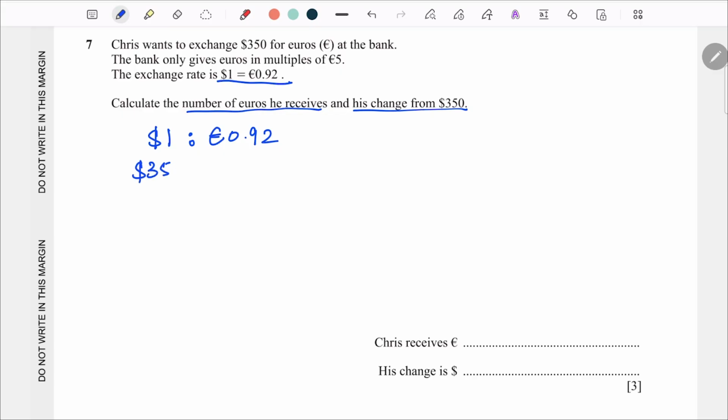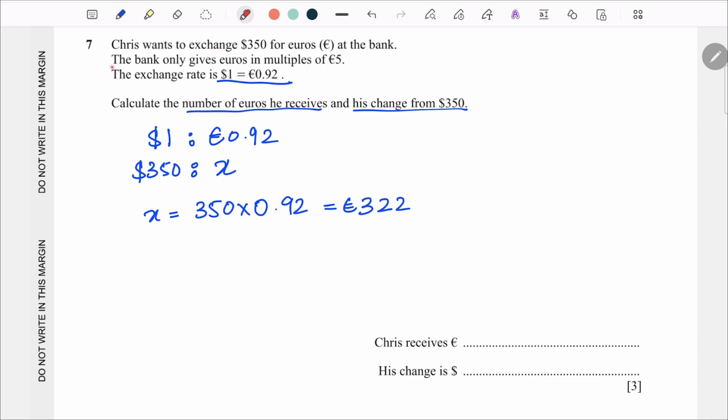We have to calculate the number of euros he is receiving, so that will be equal to x. Now when we solve this, x is equal to 350 multiplied by 0.92, that is equal to 322 euros.